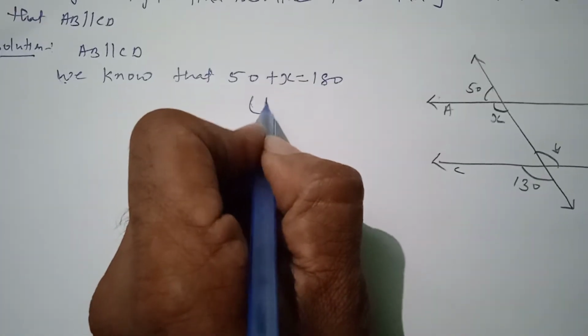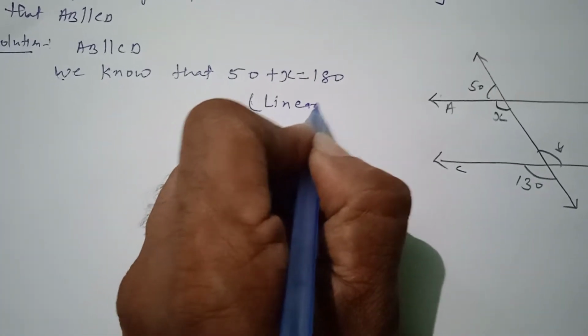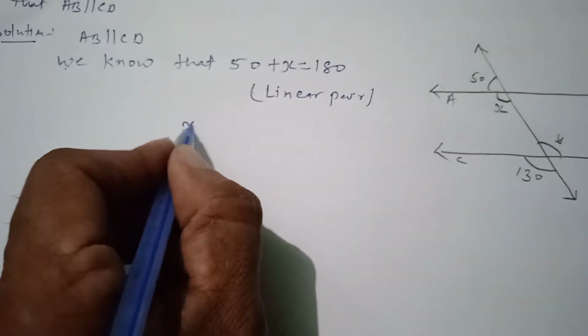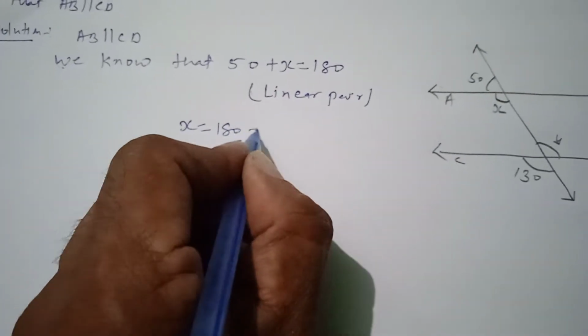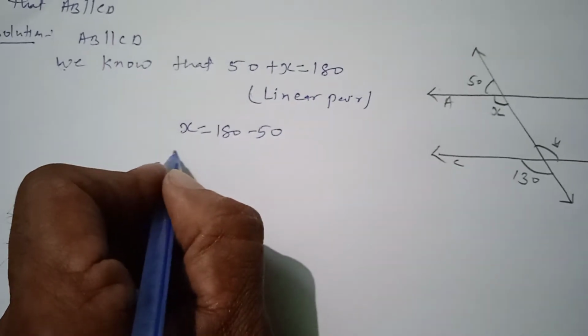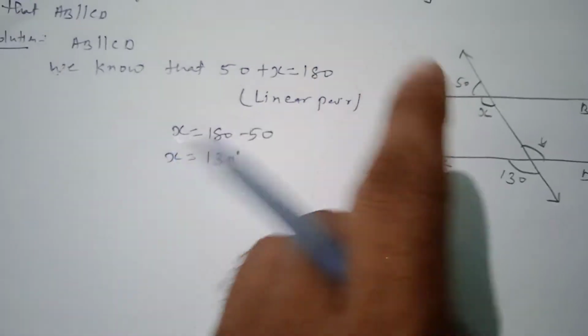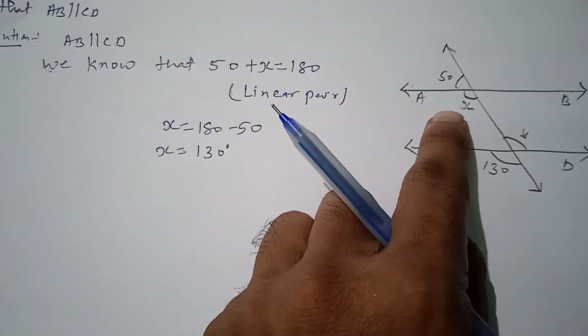Reason, linear pair. X is equal to 180 minus 50. X is equal to 130 degree. Here we are getting x 130.